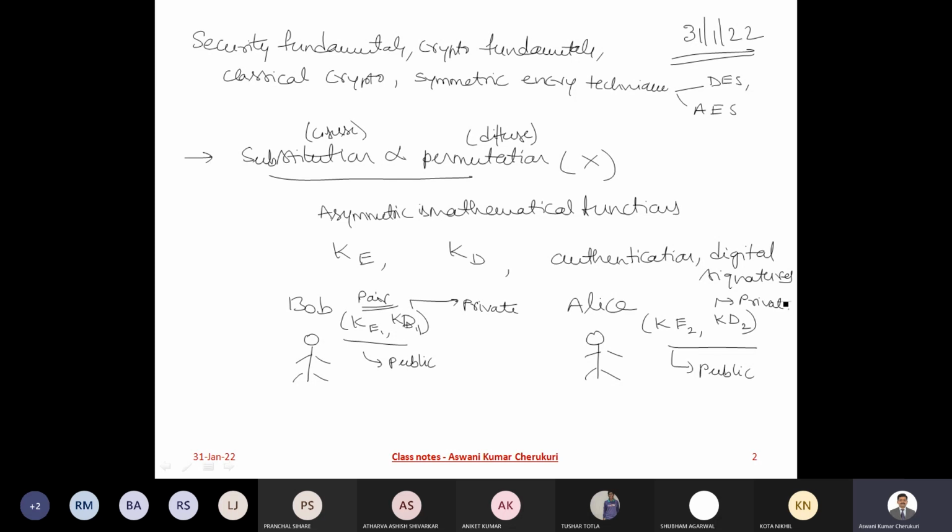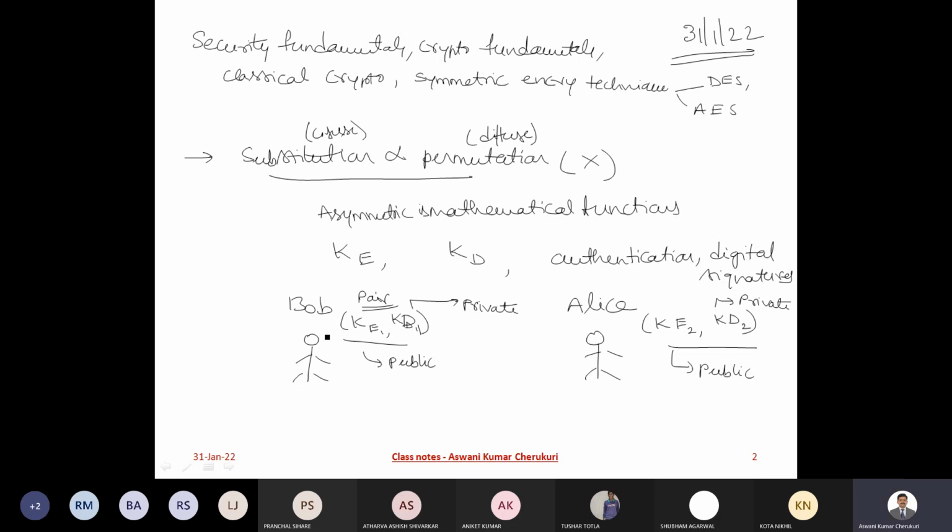When I say private, it is known only to Alice and not to anyone else. When I say public, it is known to everyone. Bob, Alice, anybody in the network knows this key. Are you able to follow?